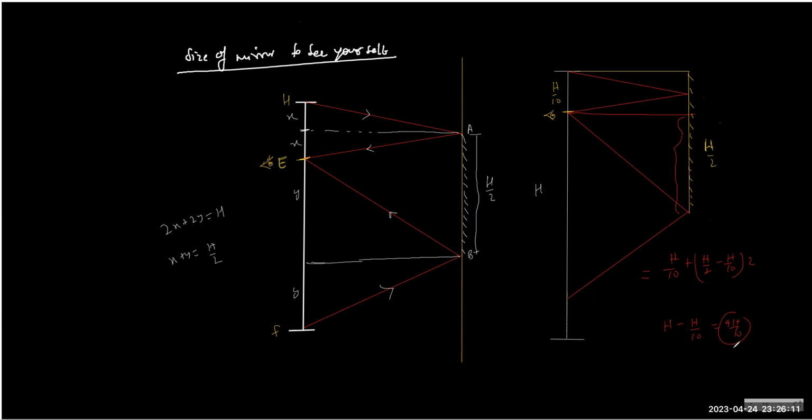So you can see only 9h by 10, which means for any mirror which is above this point, twice of that value we can't see, right? From any mirror, you can get this answer.